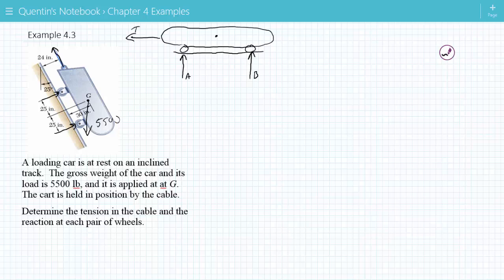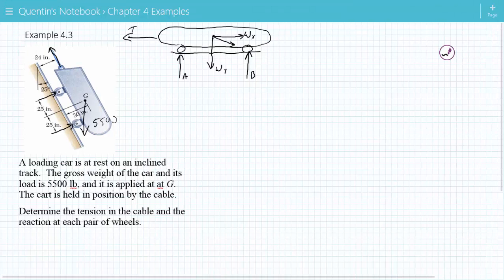And here at the center of gravity, what do I have? Well, I have gravity acting in this direction, and that's 5,500 pounds. That has a certain portion of it, W in the X direction, and W in the Y direction. So just for clarity, let's define those right off the bat.